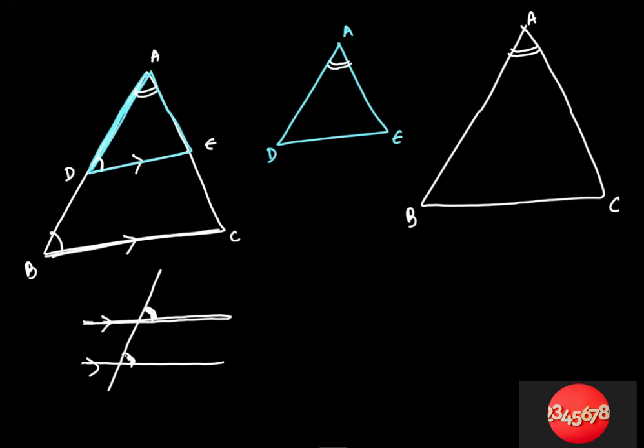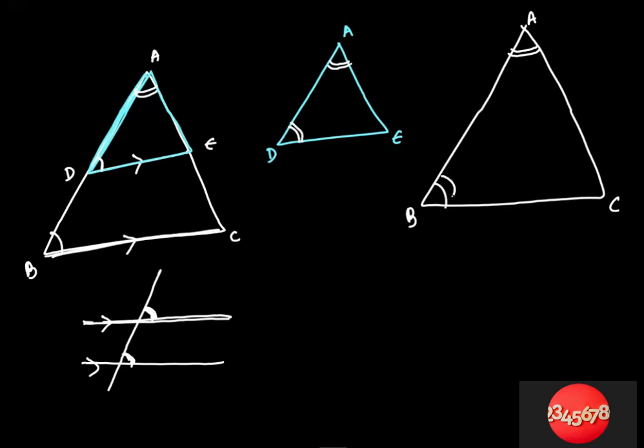Corresponding means right side upper one, right side upper one. Even here, right side upper one, right side upper one. These are corresponding angles. Is that clear to you? Any doubts? Clear? Understood? So this angle is equal to this.